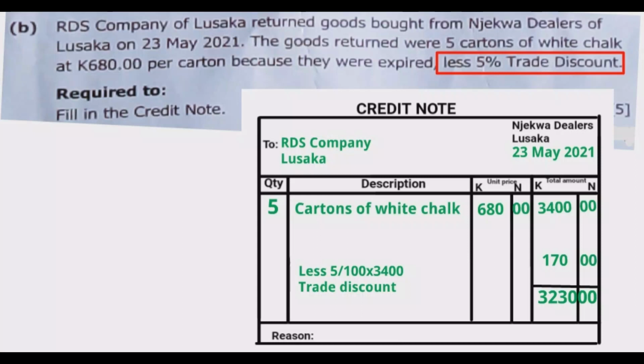Okay, so once we have done that, then we come down here where there is a reason. Why have they returned these boxes of white chalk? It's because they are expired. So under reason there we write expired goods. Okay, once you have done that, then that's the end. We have filled in the credit note. Okay, thank you so much. We go to the next question.